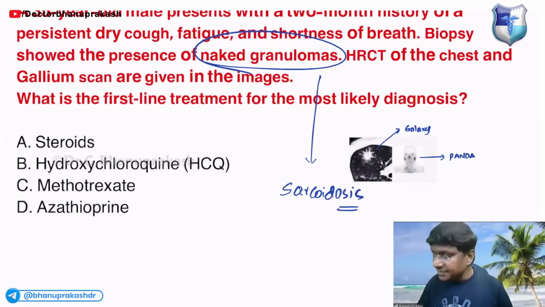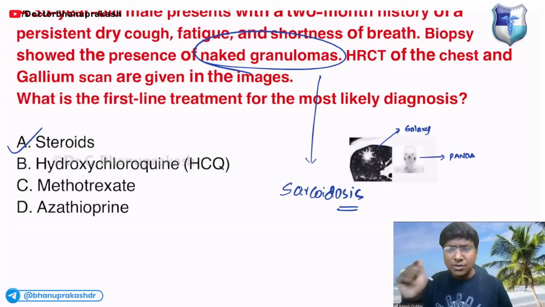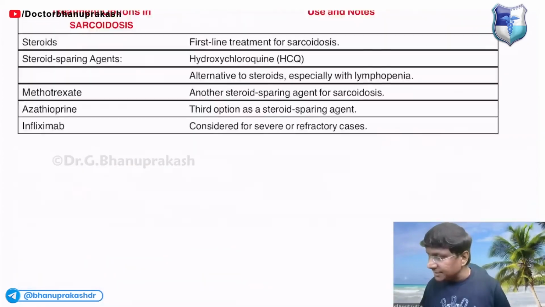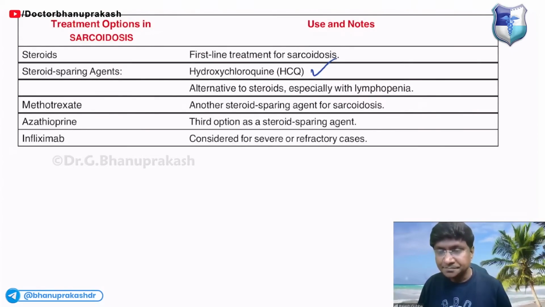So what is the first line treatment in sarcoidosis? Steroids. That is the first line treatment. If the patient is developing Cushing syndrome due to steroids, what is a steroid sparing agent? The steroid sparing agent will be hydroxychloroquine.